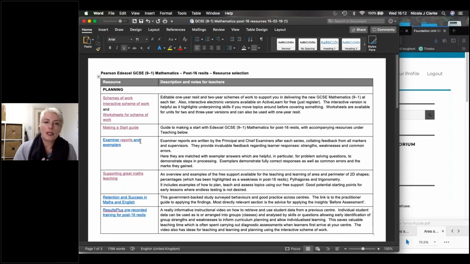Because they highlight strengths and weaknesses, they look at overall responses, they list common errors, which we can hopefully help learners to avoid making. They also come with, and are available with, exemplars. Again, it's published after each series.